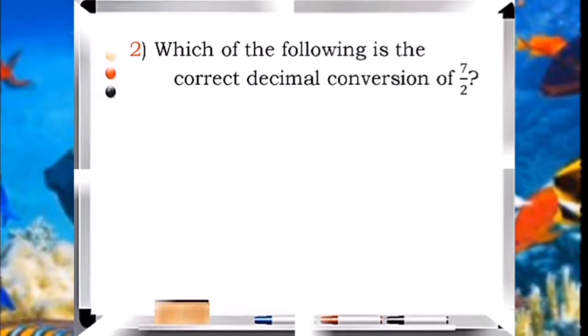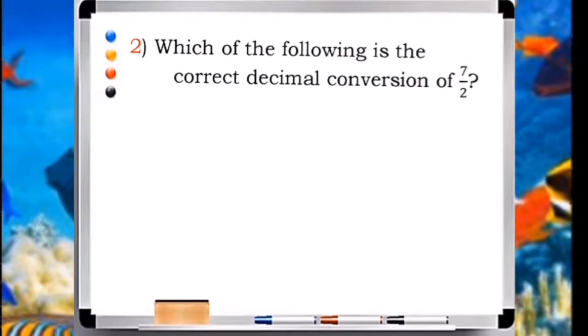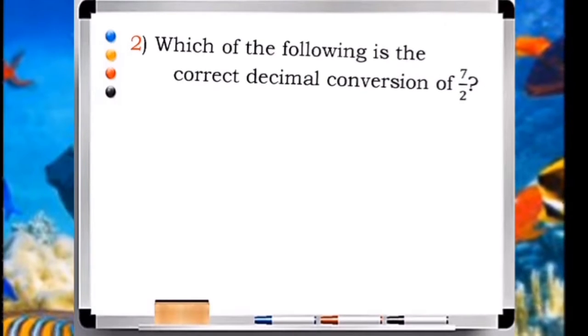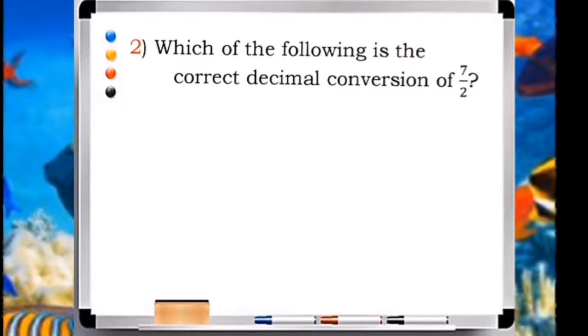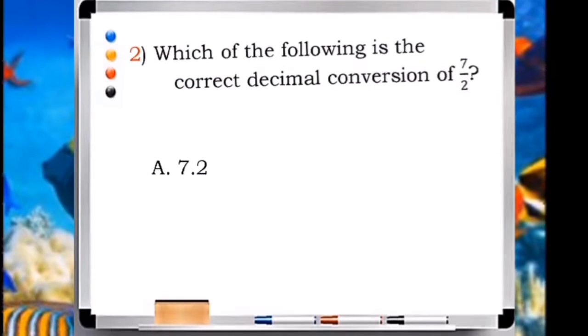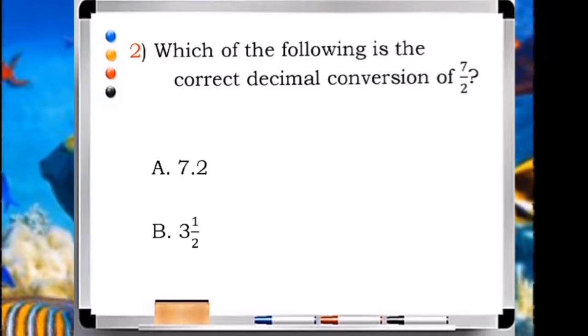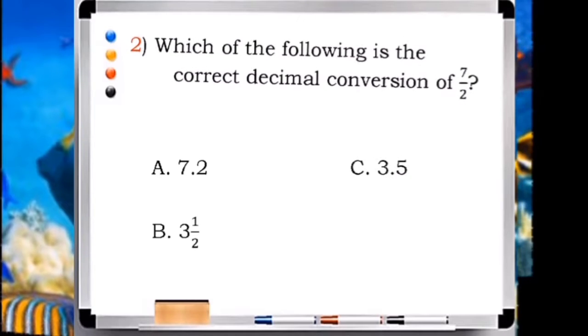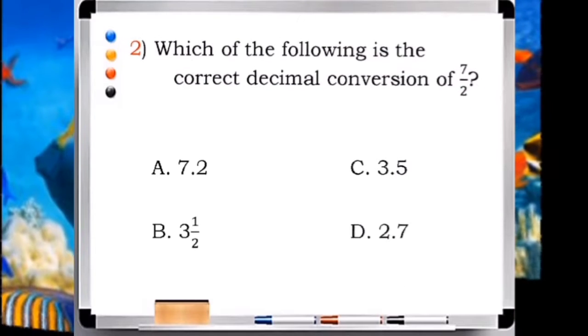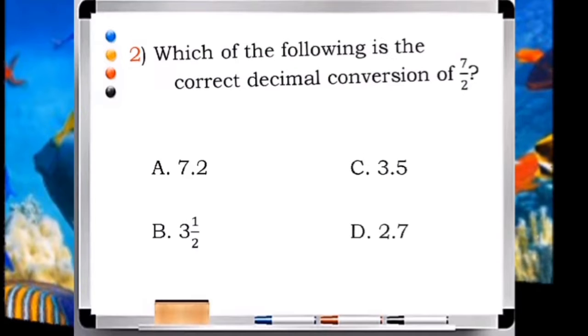Let's solve number 2. Which of the following is the correct decimal conversion of 7/2? Letter A, 7 2/10. Letter B, 3 1/2. Letter C, 3 5/10. Or letter D, 2 7/10.